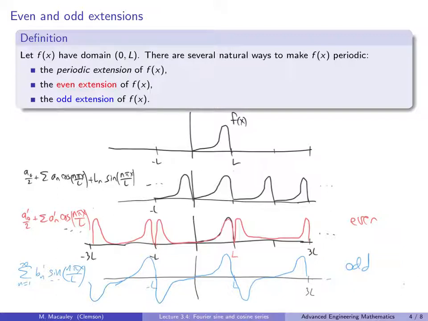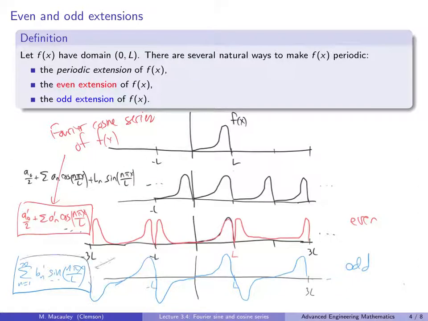Given this function, we're going to define the Fourier cosine series of f to be the Fourier series of the even extension. So this is the Fourier cosine series of f, and this is the Fourier sine series.